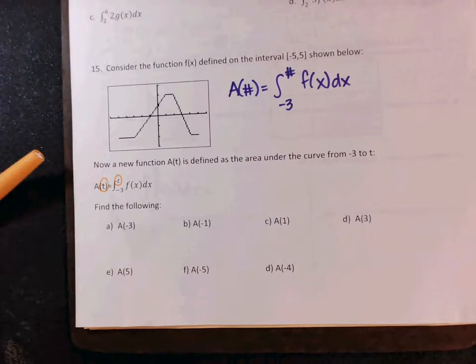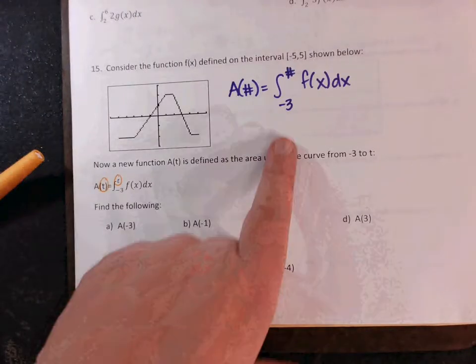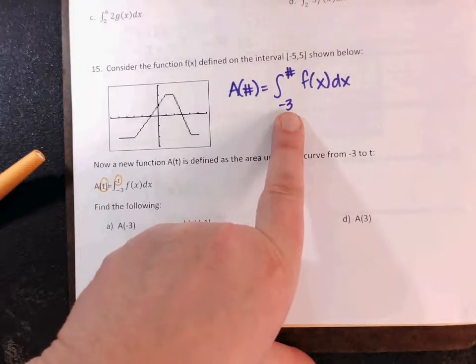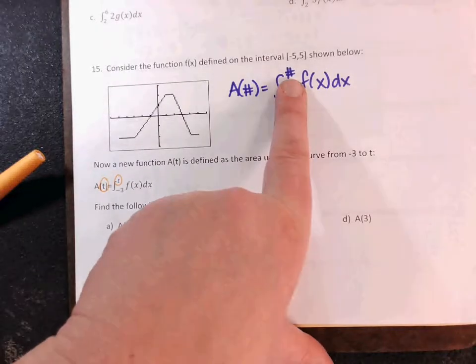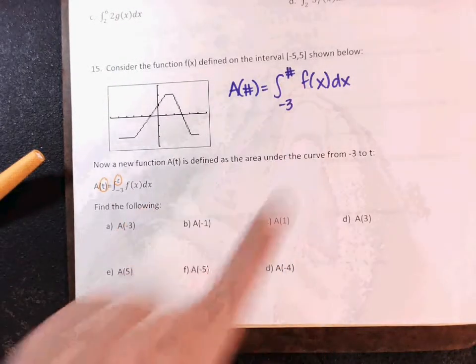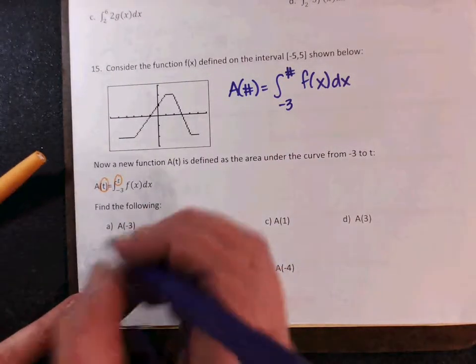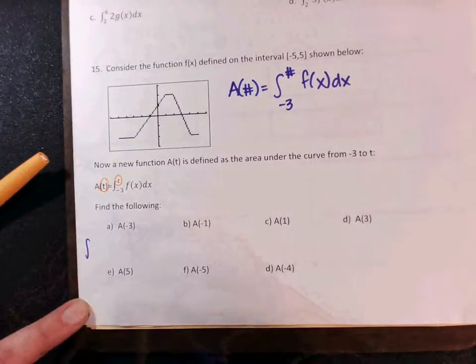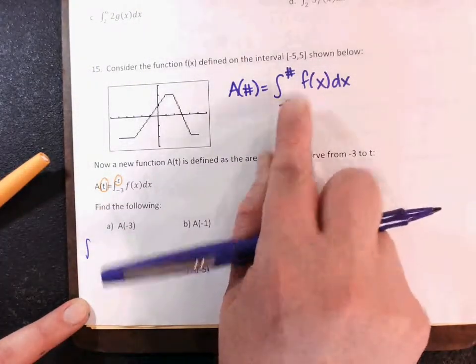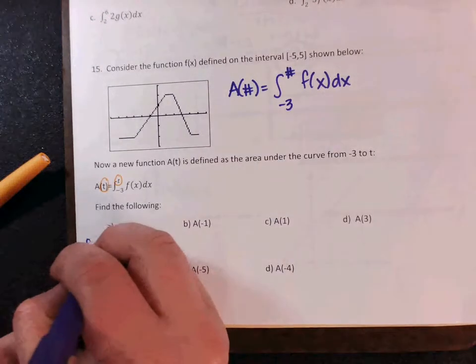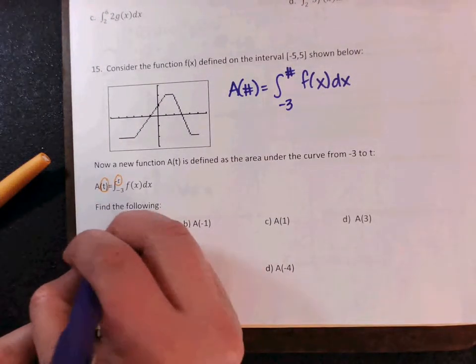So what is the lower boundary always? Negative 3. What's the number that you're changing? This one. So for example, if I'm doing letter A here, a of negative 3 is the integral from negative 3 to negative 3. Now you know it's 0. That's correct.